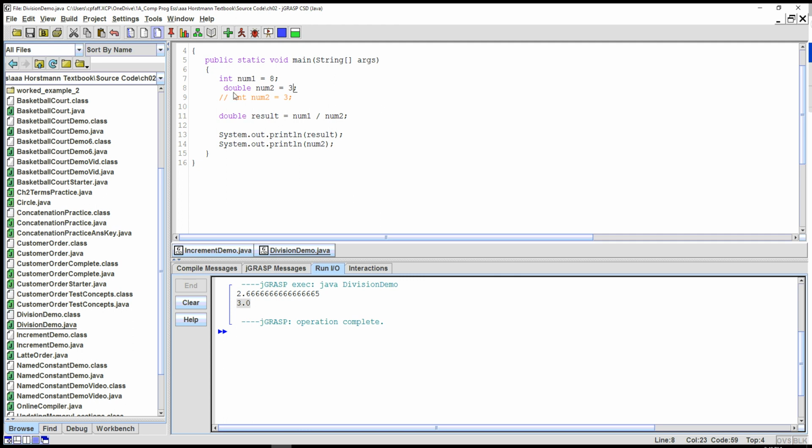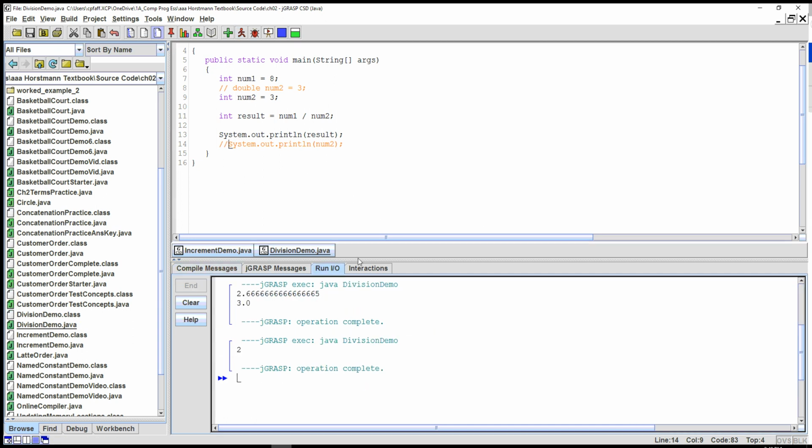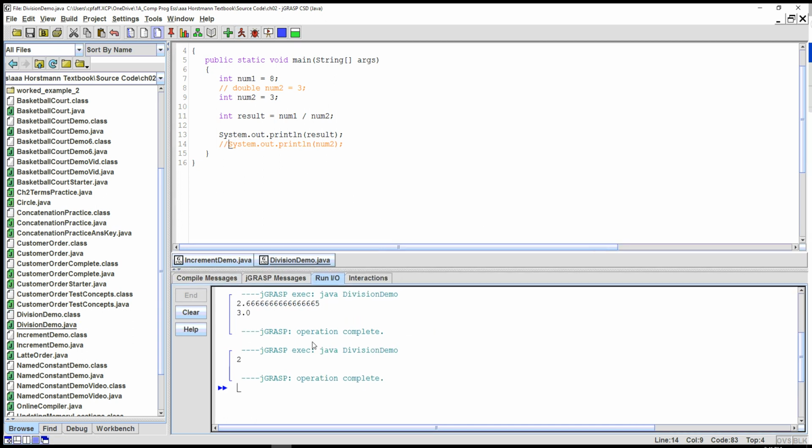So, if I want to go int divided by int, and I'll change this to an int, and so what happens is it comes up with a 2. All right, so that is the idea with the division.